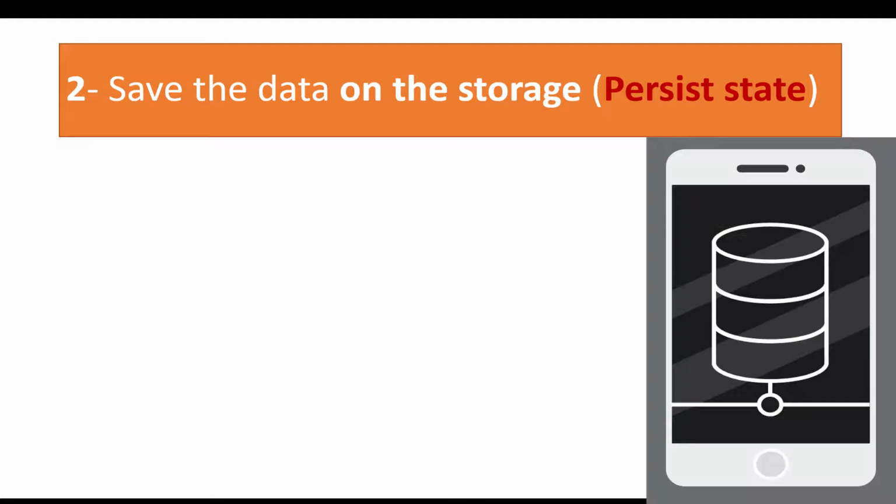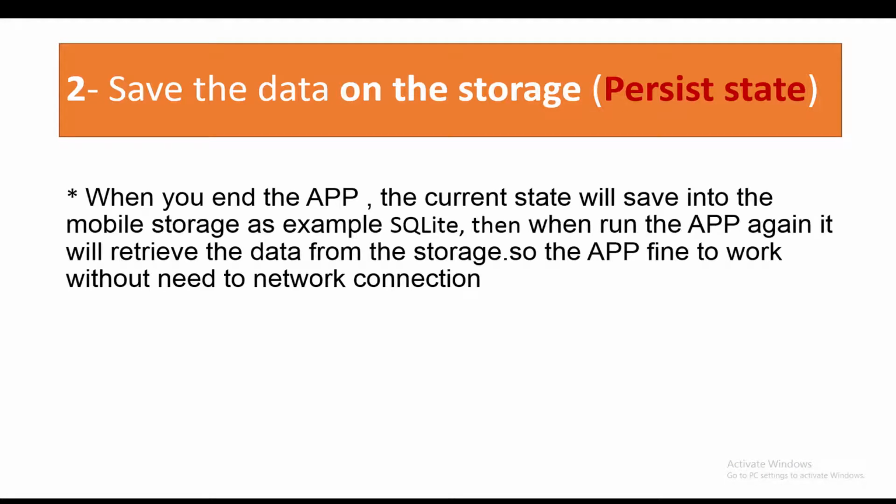Level 2, which is saving the data on the storage, also called persist state. How to know this level? When you end the app, the current state will be saved into the mobile storage, for example SQLite. Then, when you run the app again, it will retrieve the data from the storage. So the app can work without needing a network connection, which is, as you may notice, the opposite of the first level.